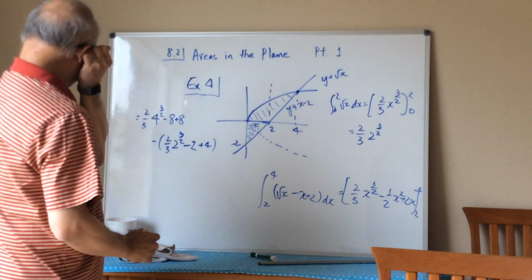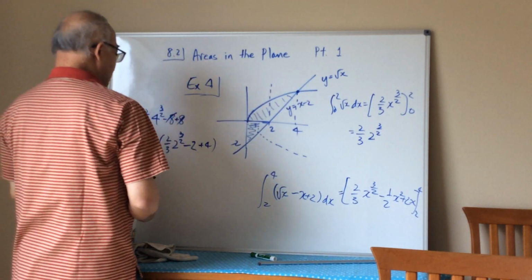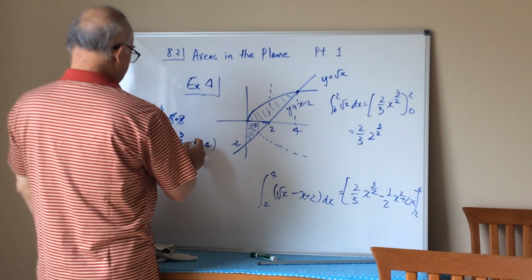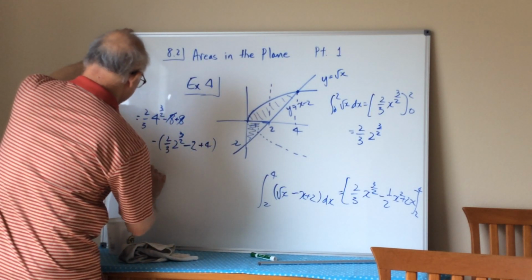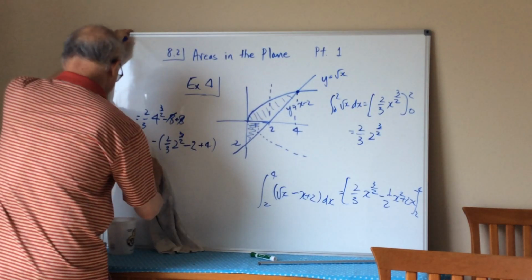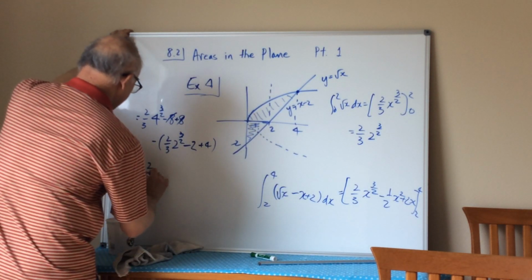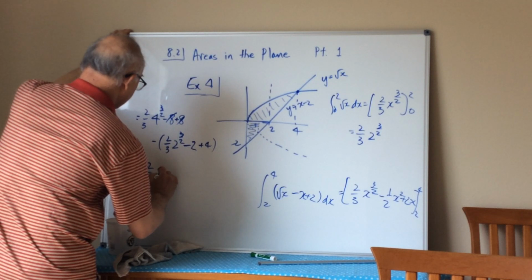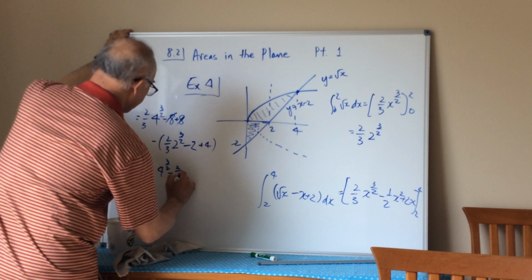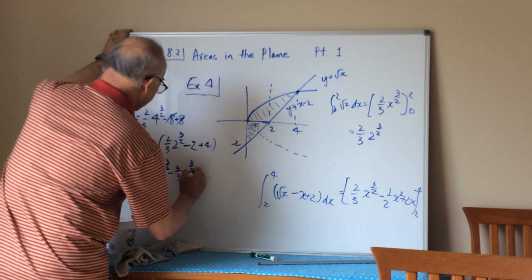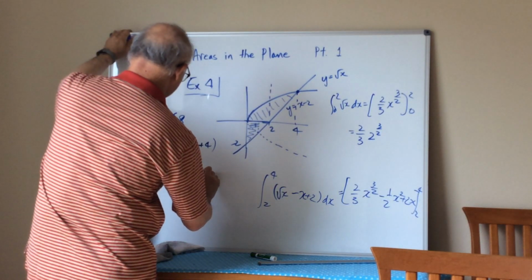Okay? So these two cancel out. So I get plus 2 here. So I'm going to get 2/3 times 4 to the 3 over 2, minus 2/3 times 2 to the 3 over 2. Then you're going to have minus 2.